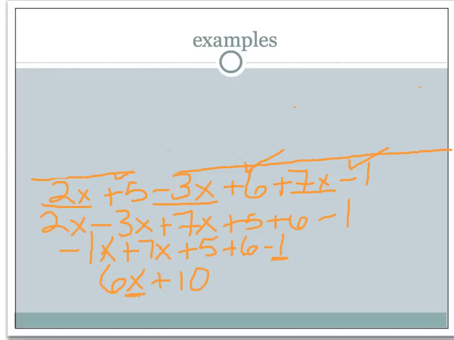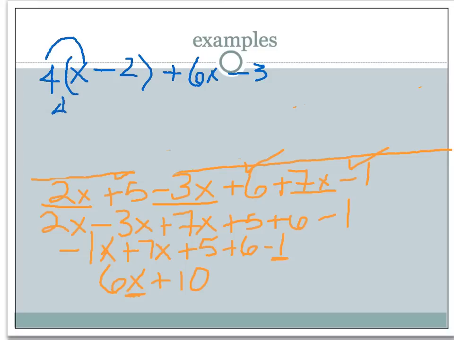Alright, so what if I had 4 times x minus 2 plus 6x minus 3? Well, the first thing I want to do is get rid of these parentheses. So I'm going to use the distributive property. I do 4 times x, which is 4x, minus 4 times 2, which is 8, plus 6x minus 3.